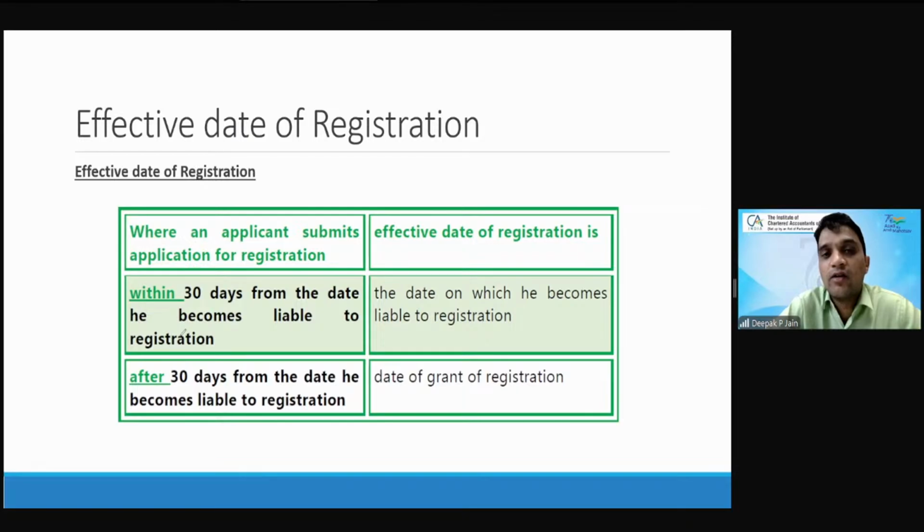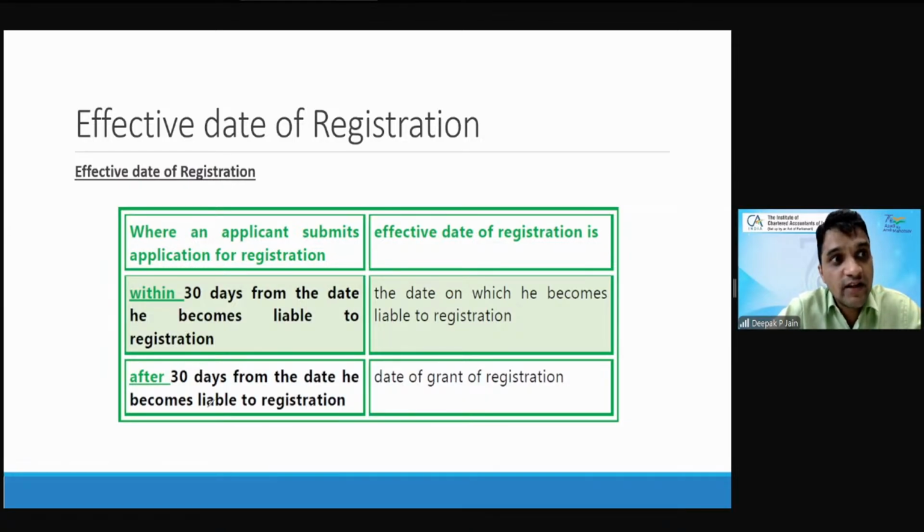Now, since you have applied on time and the officer has given you the registration after the 29th, he will not give you immediately. Say he's given you on the 15th of February. Your effective date will not be 15th of February, that is when he is granting the registration. In the registration certificate, you have a mention of the effective date. That effective date will be 1st of January because you have applied within the time limit of 30 days. So the effective date of registration will be the 1st of January, right?